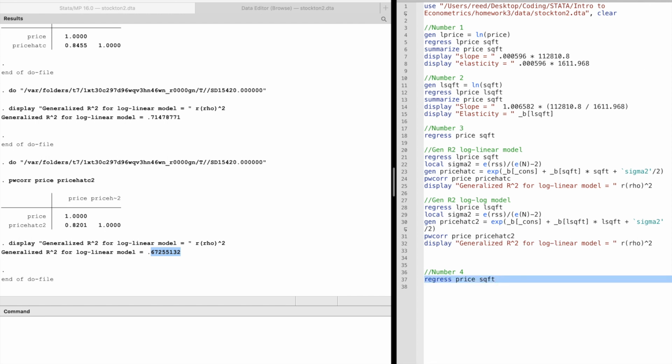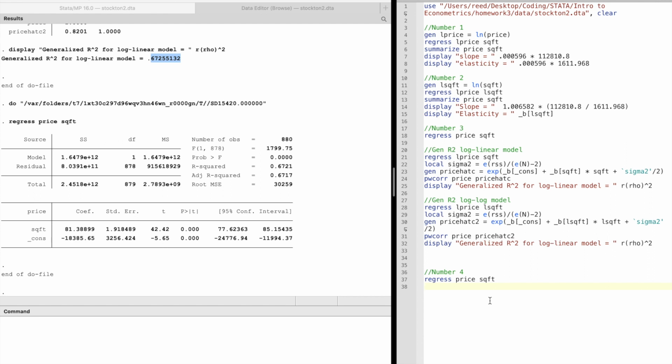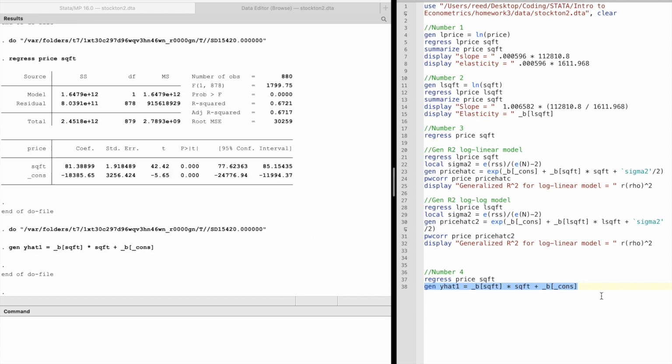I'm going to regress. From there, we can get our predicted y values. So I'm just writing this in kind of backwards, but it doesn't matter. Now we have y hat 1, that's our predicted values for our linear model.